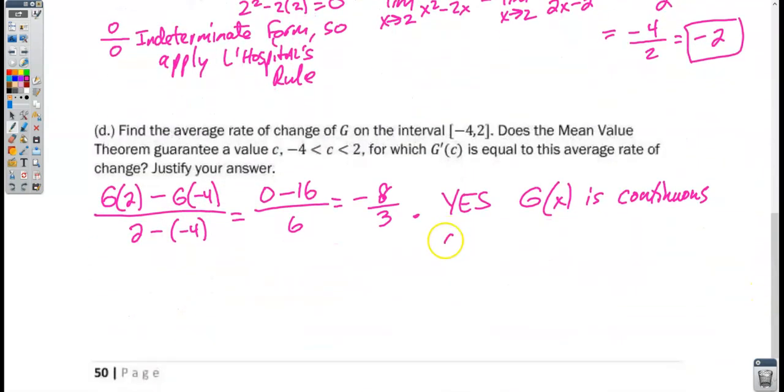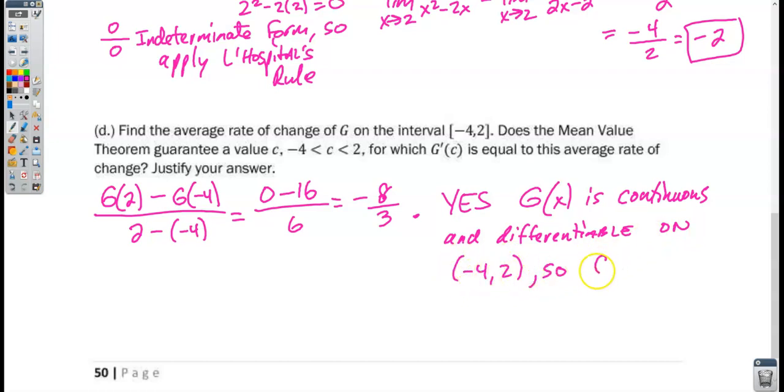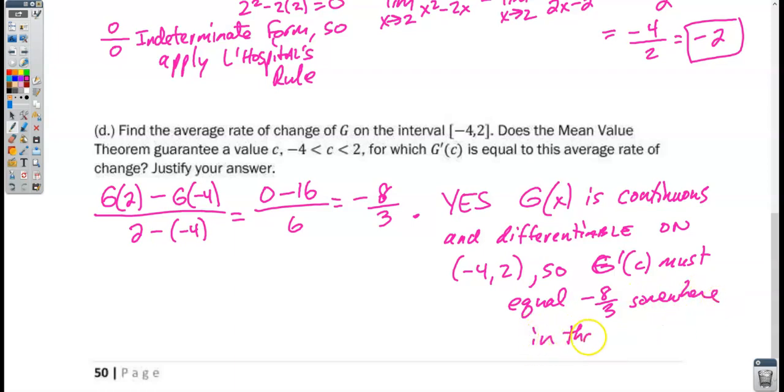G of x is continuous and differentiable on negative 4 to 2. So capital G prime of C must equal negative 8/3 somewhere in that interval.